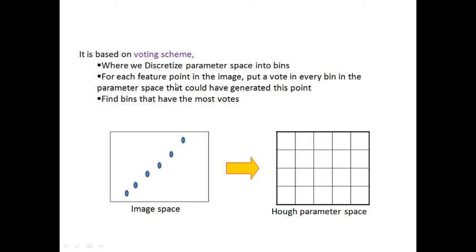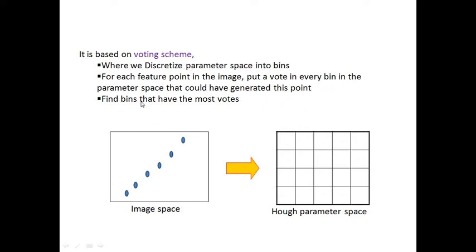Twenty. So for each feature point in the image, these are a number of points, and these points have a tendency to form a line. For each feature point in the image, you put a vote in every bin in the parameter space that could have generated this point.